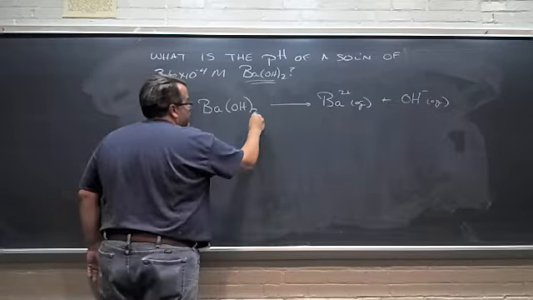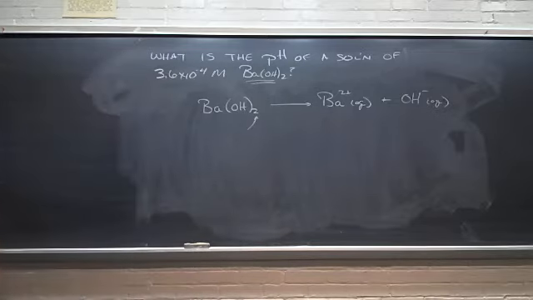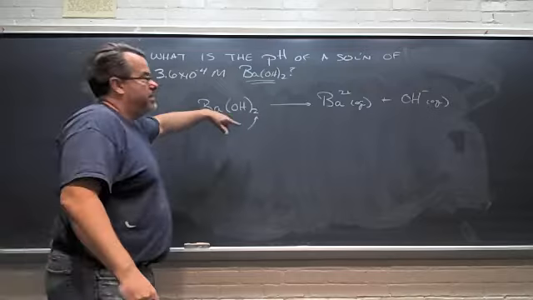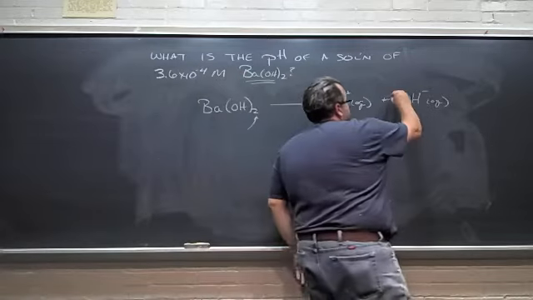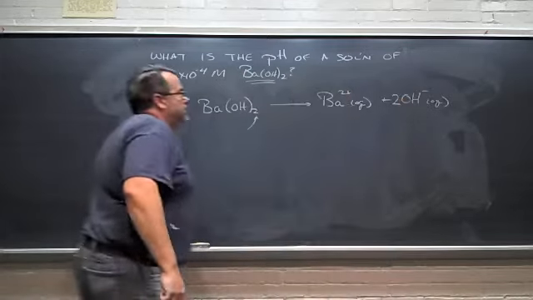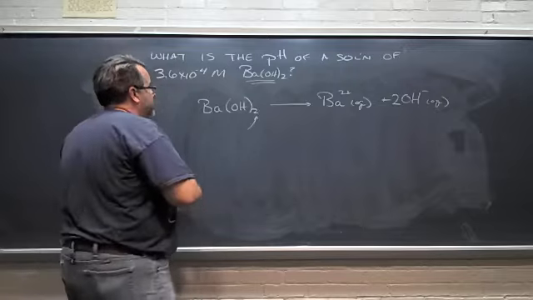But because of the stoichiometry here, each mole of barium hydroxide is going to yield not 1, but 2 moles of hydroxide.